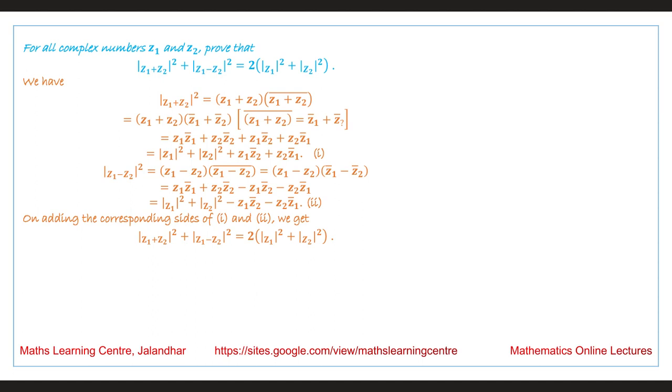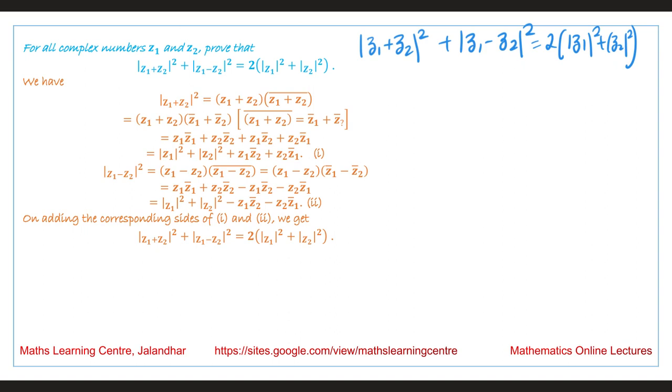Next, for all complex numbers z1 and z2, we have to prove this result: mod of z1 plus z2 square plus mod of z1 minus z2 square is equal to 2 times mod of z1 square plus mod of z2 square.